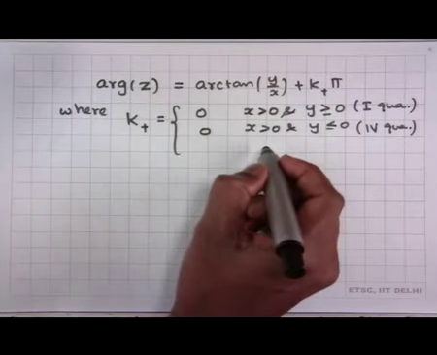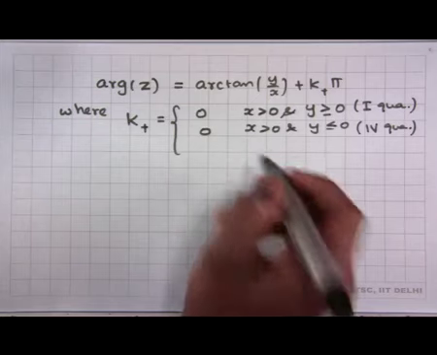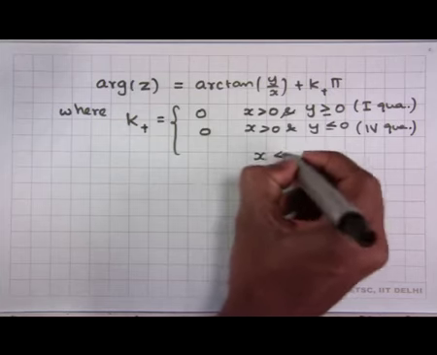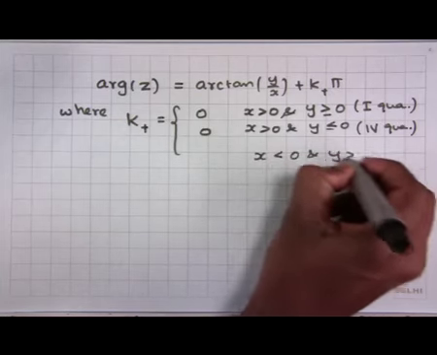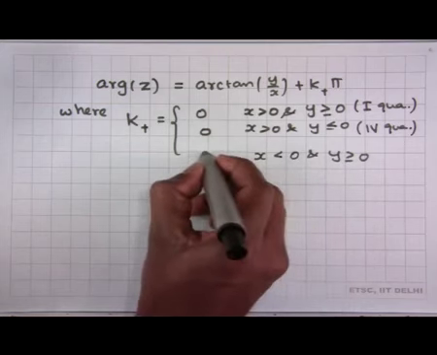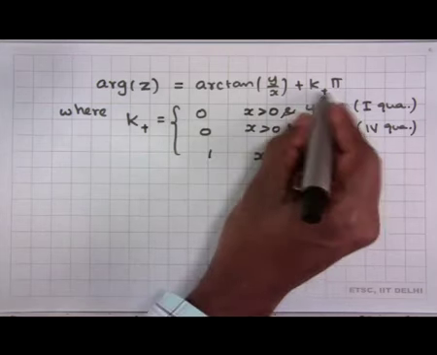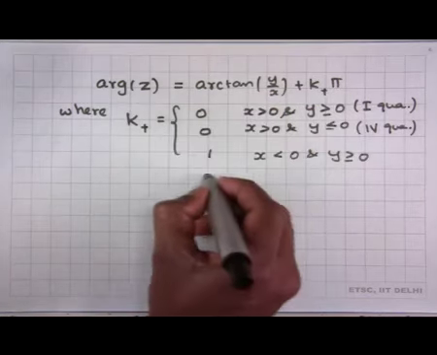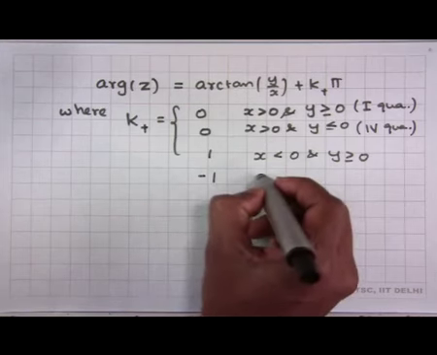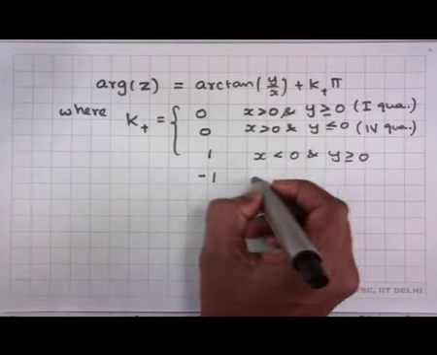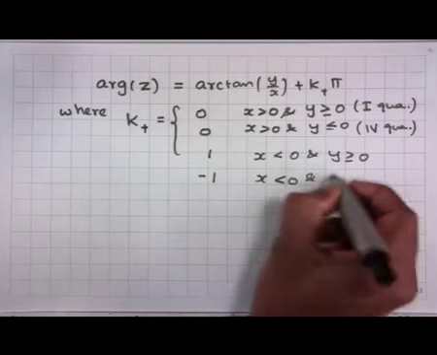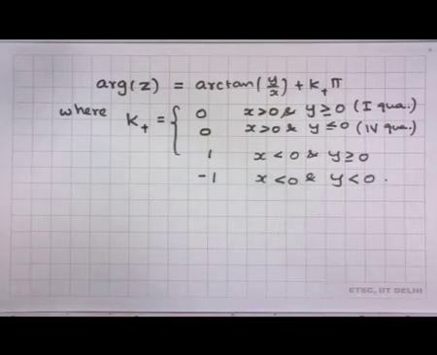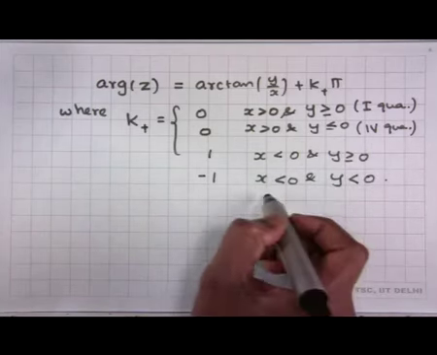And if x, y lies in the second quadrant, which is x is negative and y is non negative, we add pi to the obtained value arc tan of y by x, and subtract pi if x, y lies in the third quadrant. What we are missing here is x equal to 0.